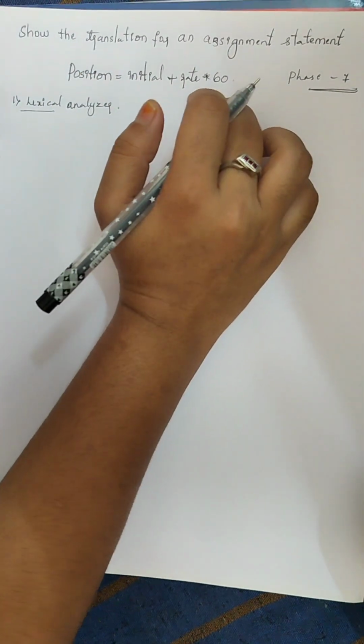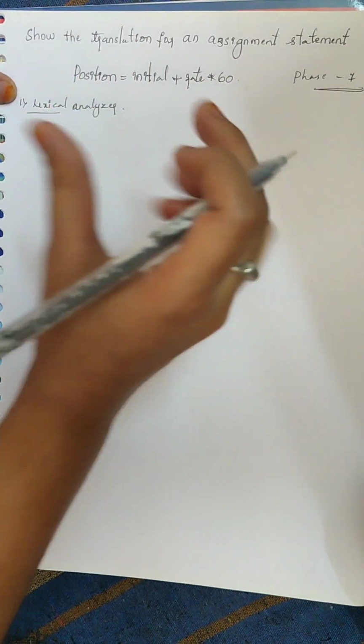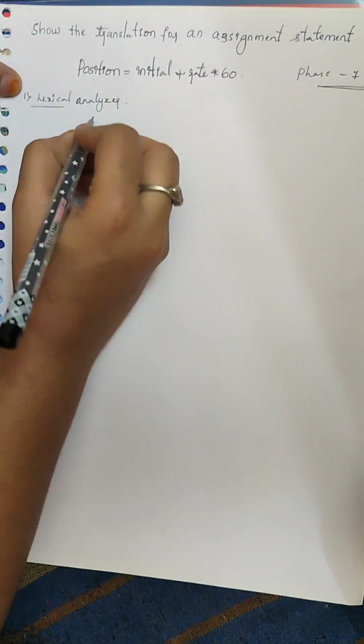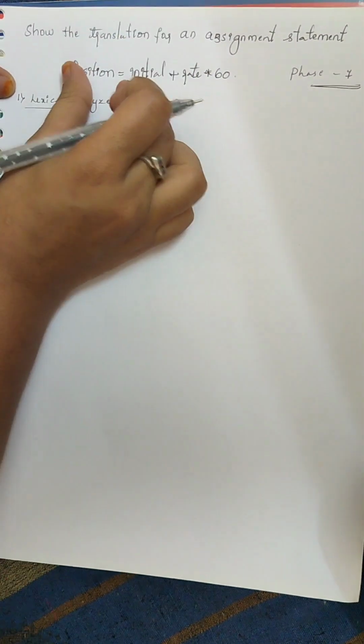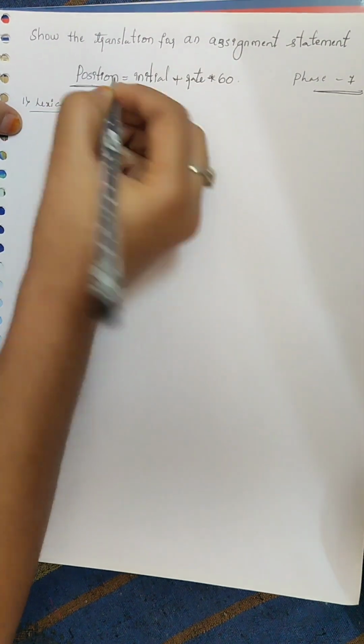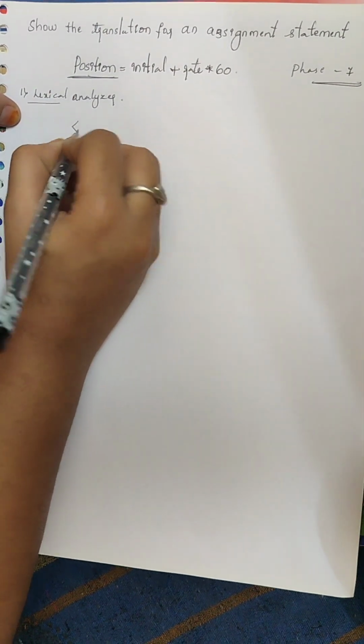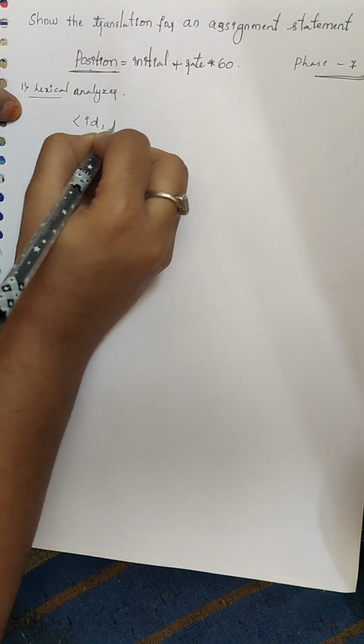In the lexical analyzer, it reads the set of characters and makes them into a readable and meaningful sequence called a lexeme. Position is converted into a token name and an attribute value. Considering this as one lexeme, we write id,1. This is the token for position.